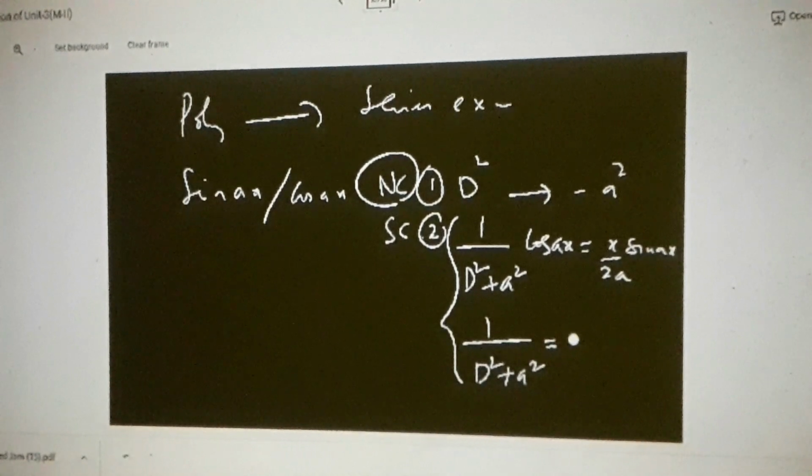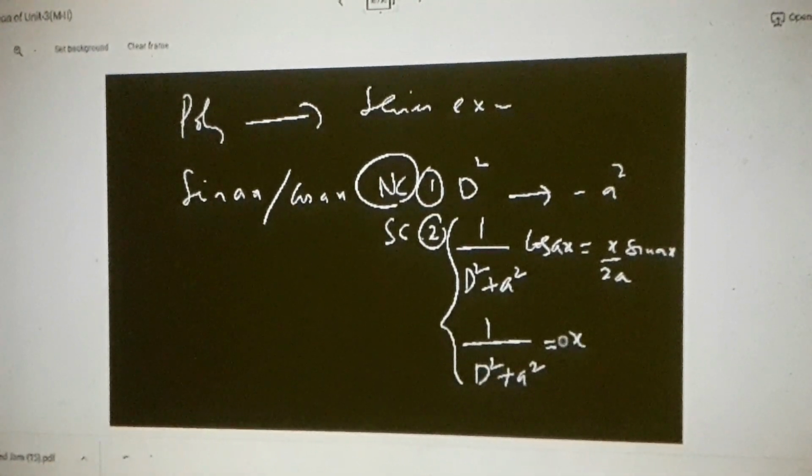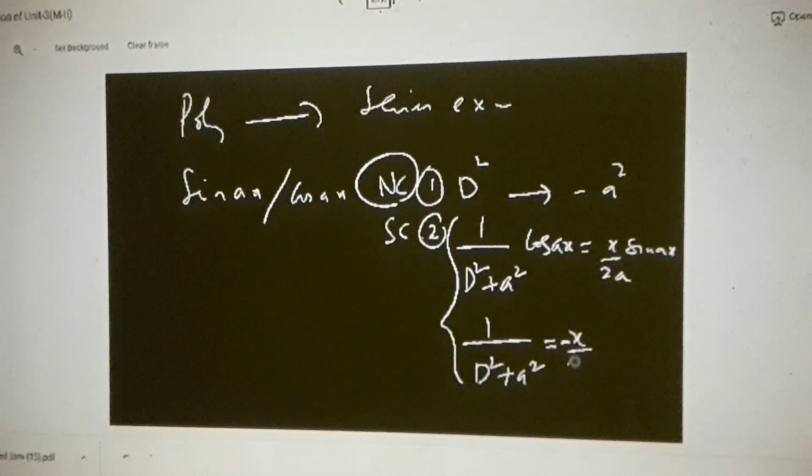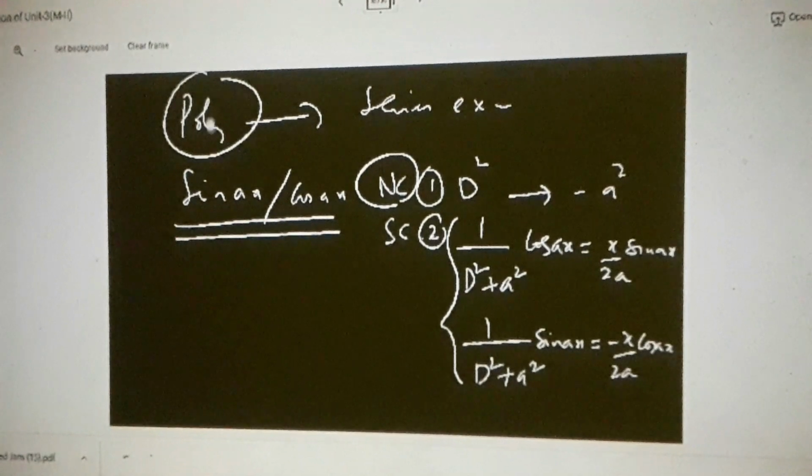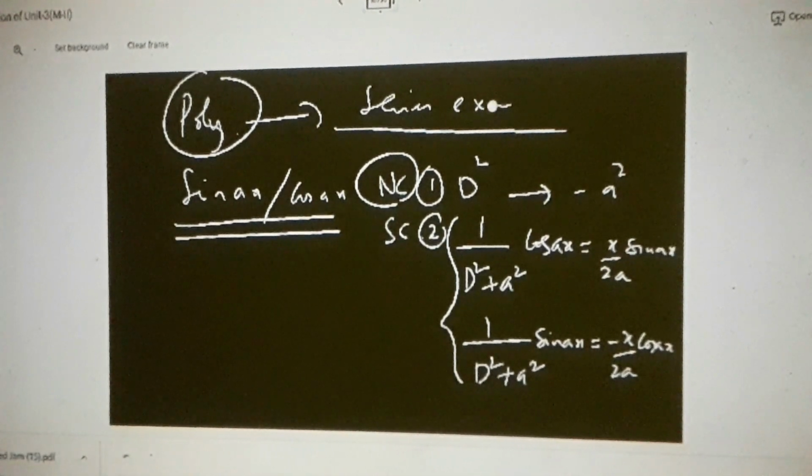There is a long proof about it, leave it. So this is for sin or cos, and for a polynomial there will be no issue of the denominator becoming 0, because we will expand it in the form of a series expansion.